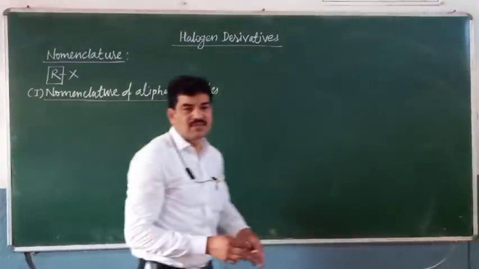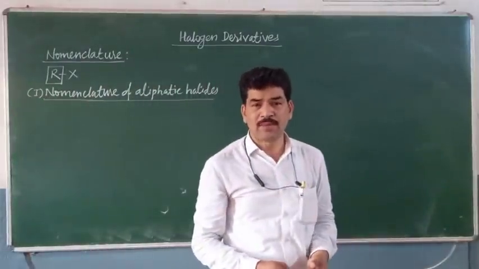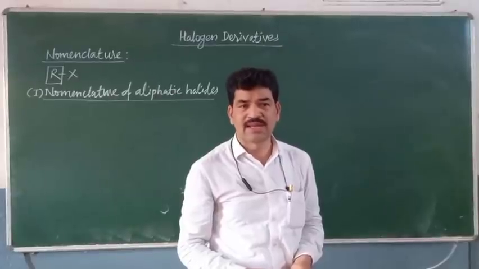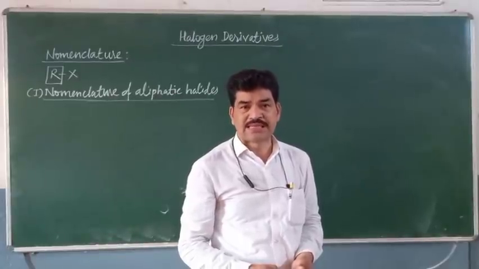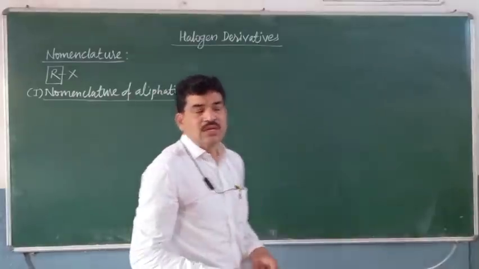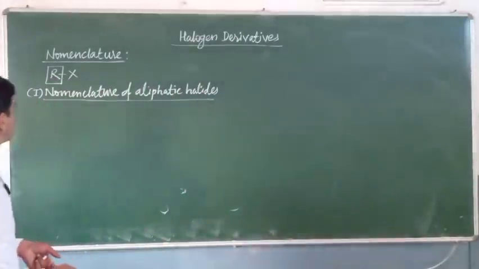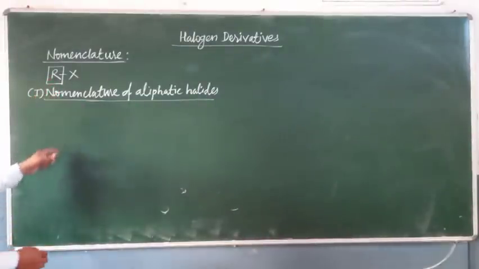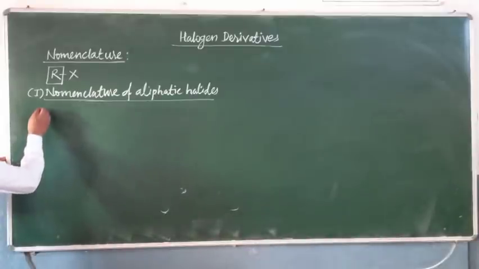What are the common names? There is a use of suitable prefixes such as n for normal, then iso, secondary, tertiary and neo. Such prefixes are attached to the name of the hydrocarbon chain. Let us take the examples.